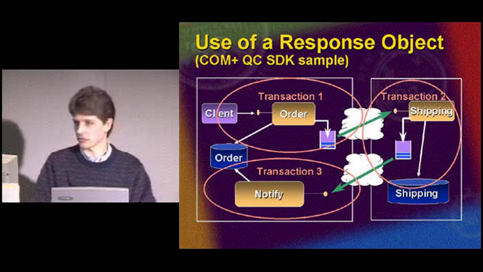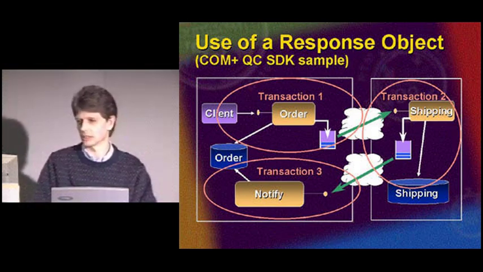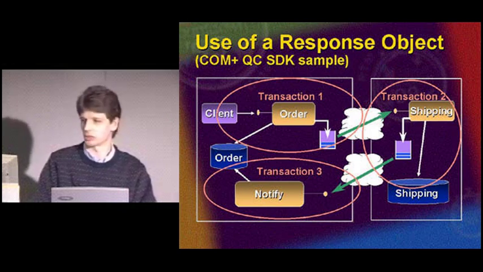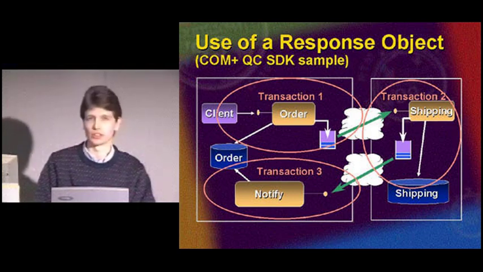So in this case, the order component not only passes the order to the shipping object, it also passes a reference to another queued component, the notify object. That actually ends up being passing a recorder over the wire to the shipping object. So the shipping object now has the data it needs to do whatever it needs to do to the shipping, and it also has an object that it can use to notify the client of the outcome.